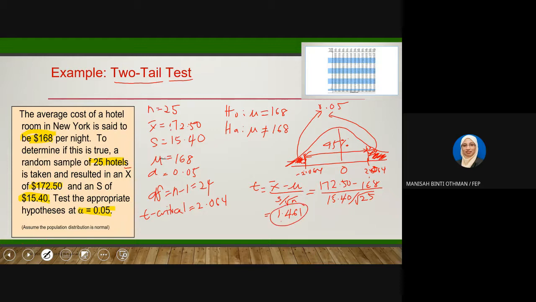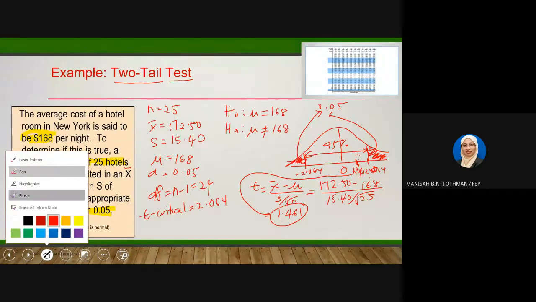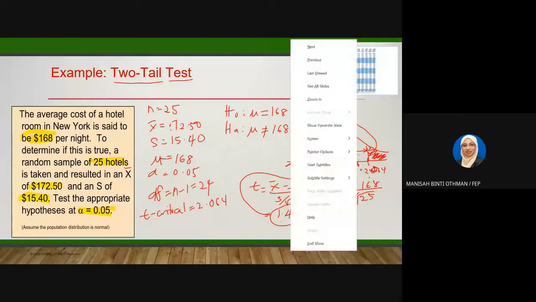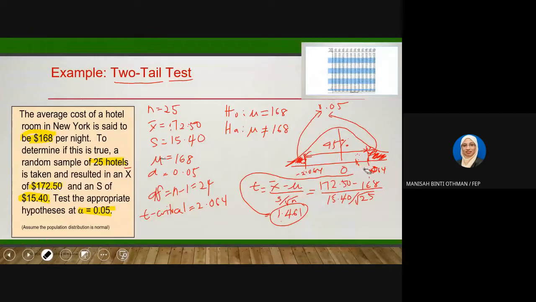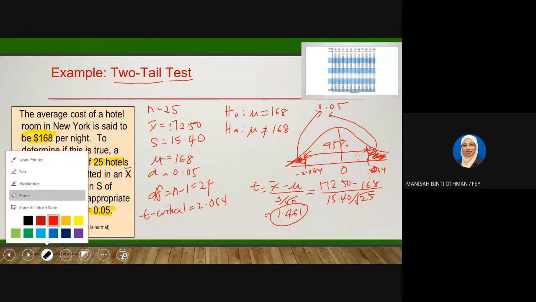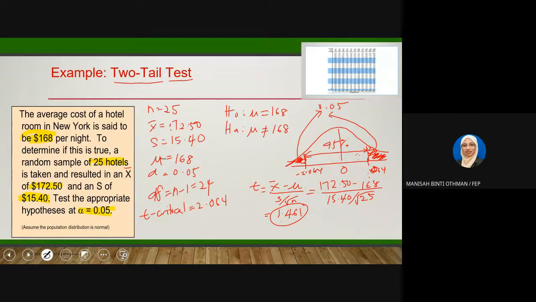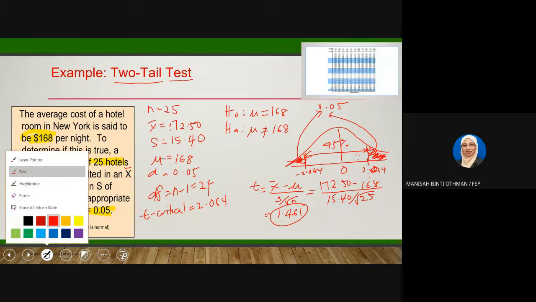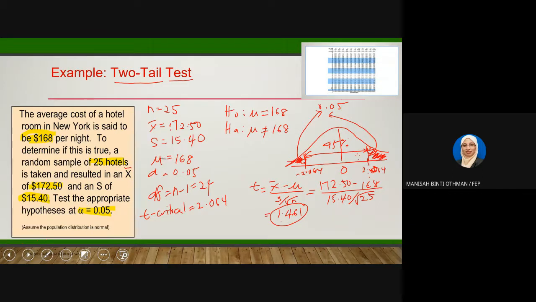So this value we plot in this distribution, and it should be around this area.